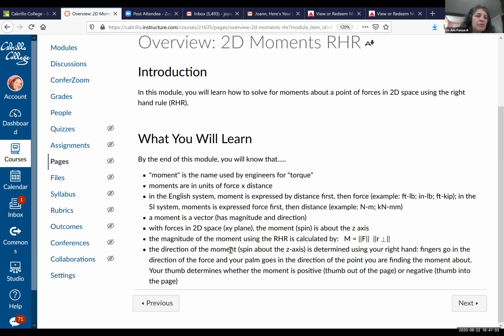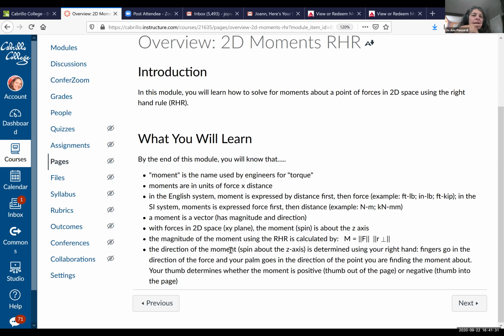I know some of you use your fingers in the direction of r and then F. That's fine. I just find it easier like this. So figure out whichever way works for you, but you want to get it right all the time. So again, I always put my fingers in the direction of the force. I put my palm to where the point is I'm trying to find the moment about, and my thumb tells me whether it's positive or not.